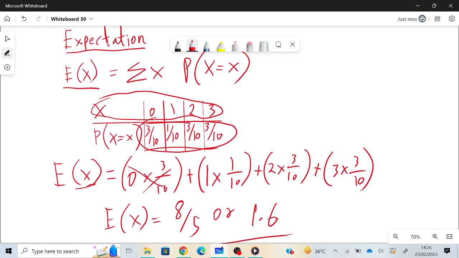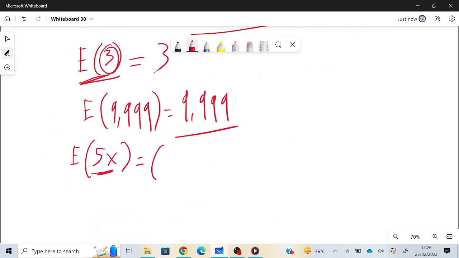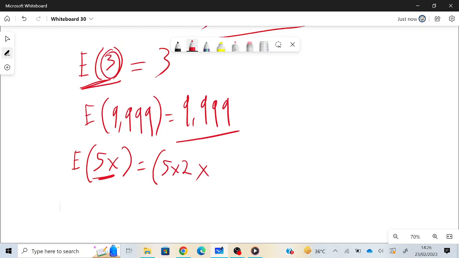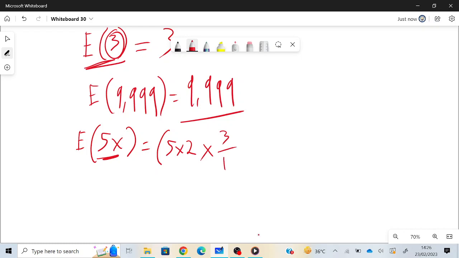Let me just take this value of 2 over here. So I would do 5 times 2, and then times that by the probability of that one, which is, I believe, 3 over 10. Yeah, 3 over 10. So this would eventually become 10 times 3 over 10. Cancel, cancel, this will be 3. And then you do the same for the other ones and you add them all up together.